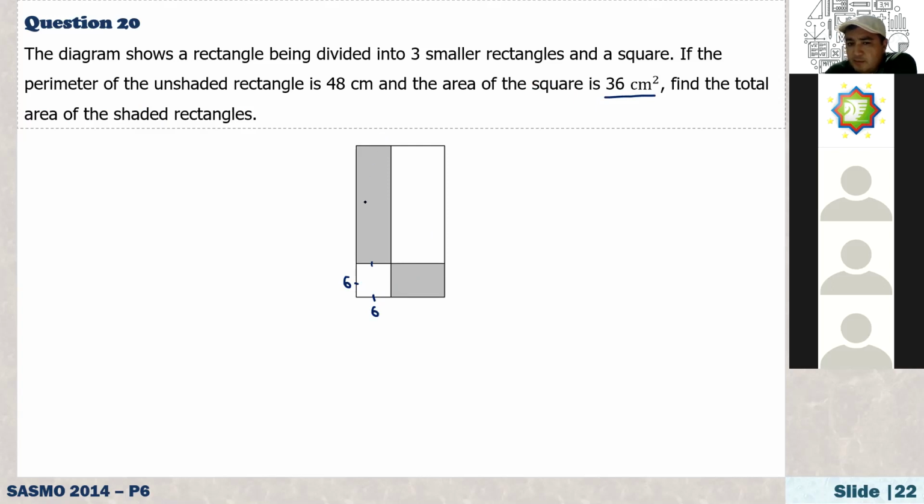So we wrote L and W, and the total is equal to 6 times L and 6 times W. I wrote 6L plus 6W, which is equal to 6 times L plus W. And we know L plus W is equal to 24, and 24 times 6 is equal to 144. All right, very good, Aidan. That's nice, very good.